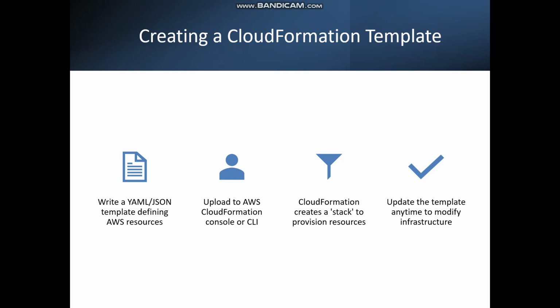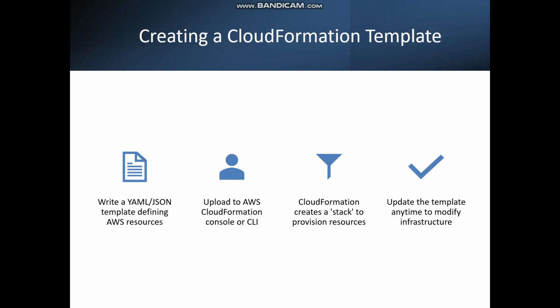Now, creating a CloudFormation template. Let's look at how you can create a CloudFormation template. You start by writing a YAML or JSON file that describes all the AWS resources your application needs. You then upload that file to the AWS CloudFormation console or deploy it via the AWS CLI.